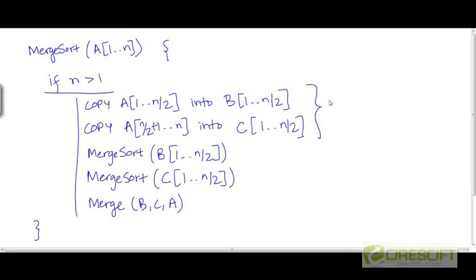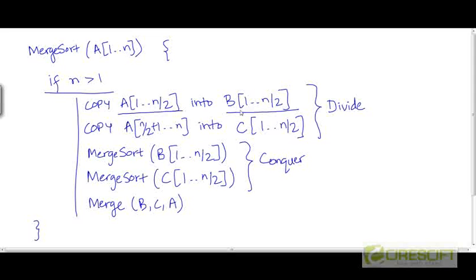These two lines correspond to the divide step. What we'll do is copy the first half of the input array into an array called B, which has a length of n by 2. So the first half of A is copied into an array B, and the second half of A is copied into an array called C. And then in the second step, we are going to conquer the two subproblems.